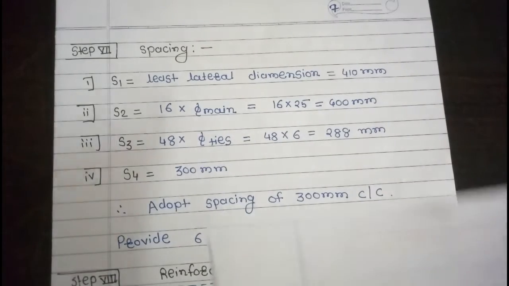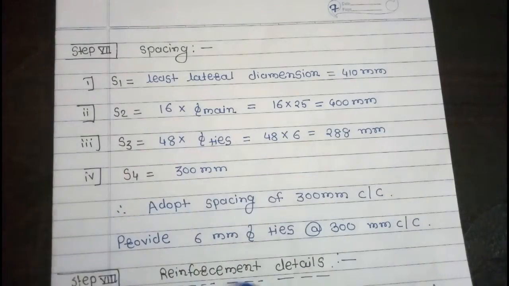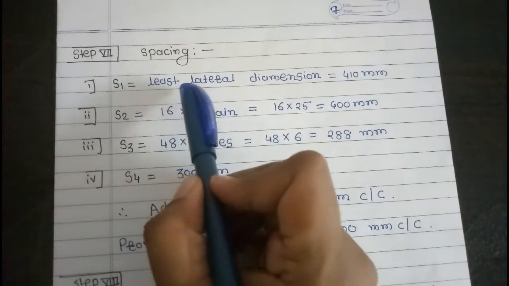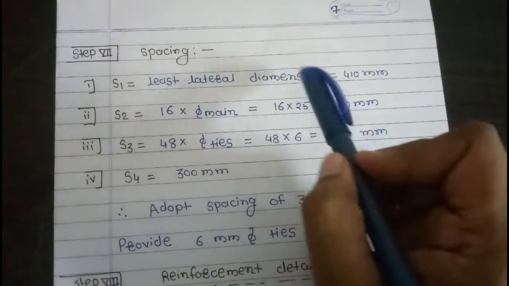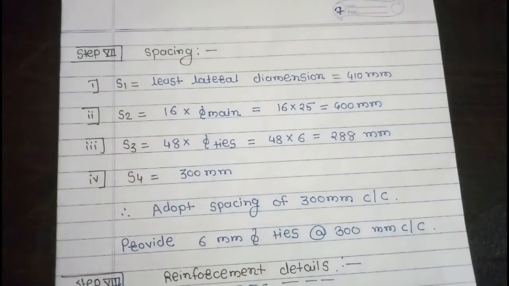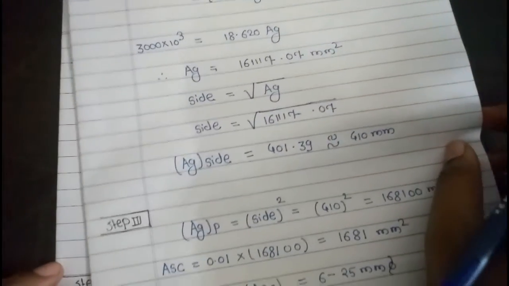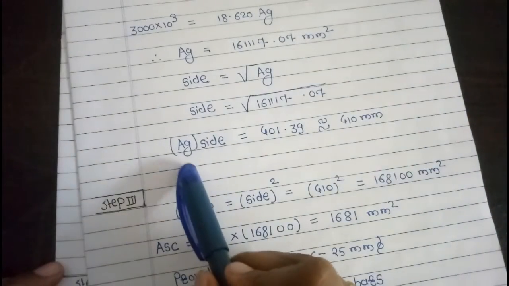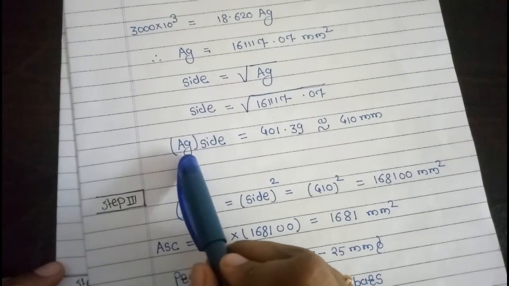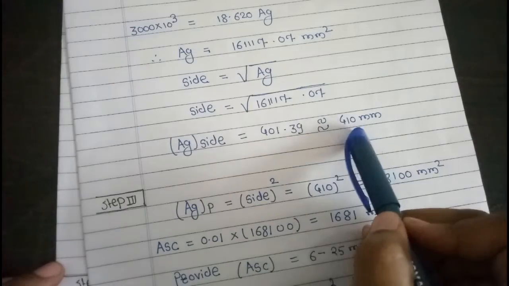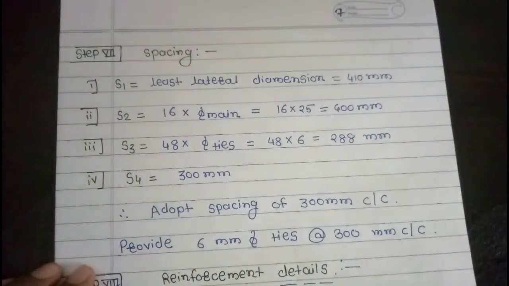Then next step, step 7th, spacing. S1 is equal to least lateral dimension, 410 mm. So this is the Ag side. You can see in step 2, Ag side is equal to 410 mm. So this is the least lateral dimension.